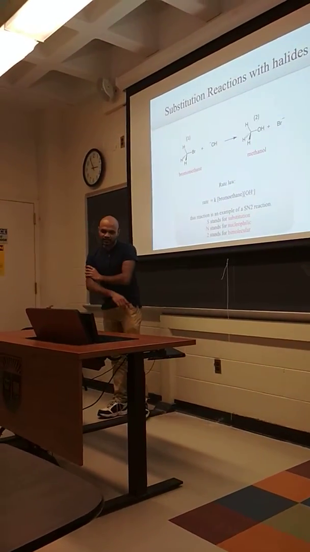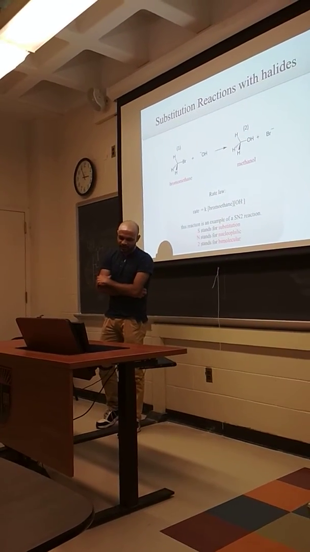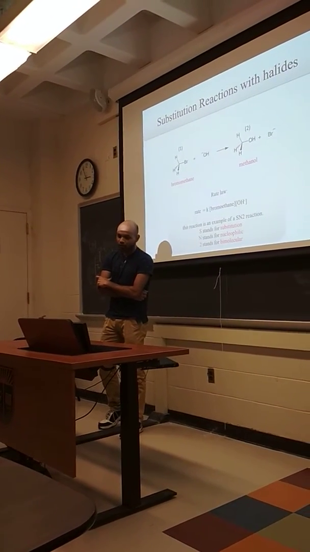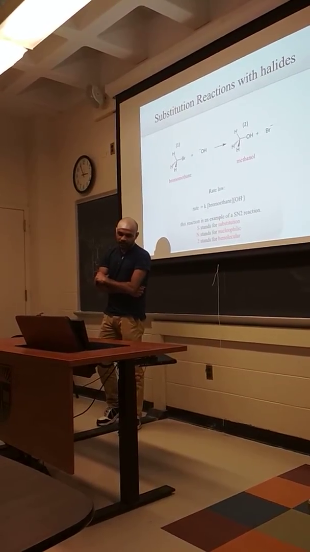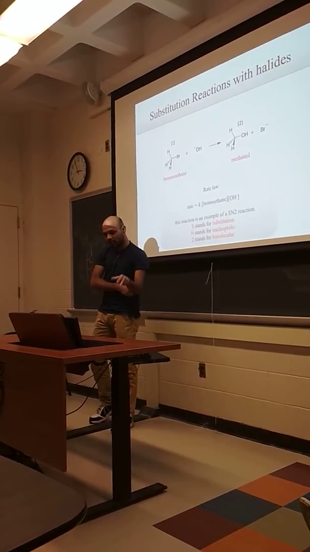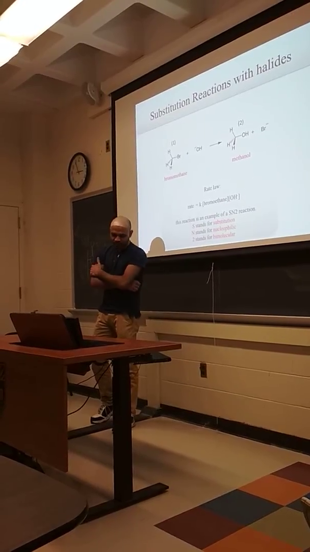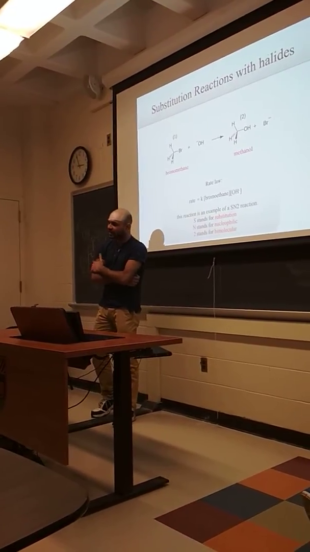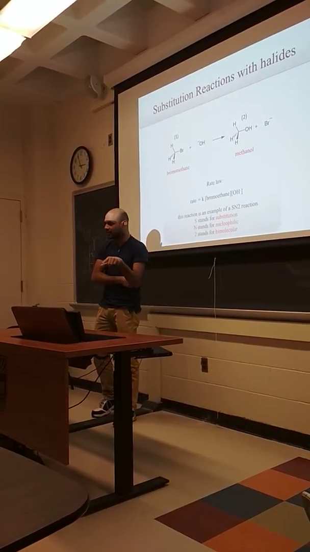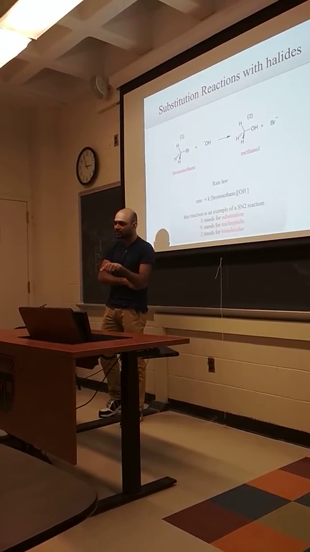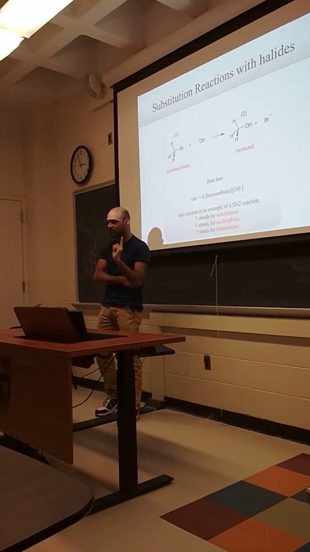This is the actual reaction, a substitution reaction with alkyl halide. In this case, you can see the OH minus, the hydroxide, and also one alkyl bromide. So the methyl bromide is forming methanol. In this reaction, the rate determining step, that is the slowest step, is a one-step process.